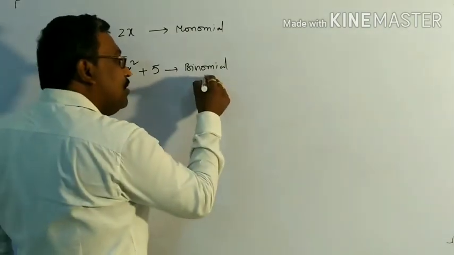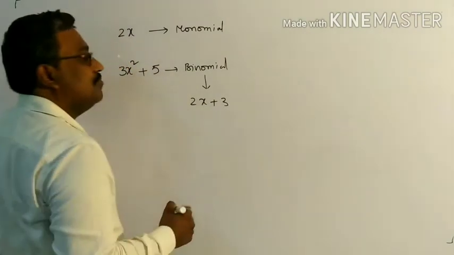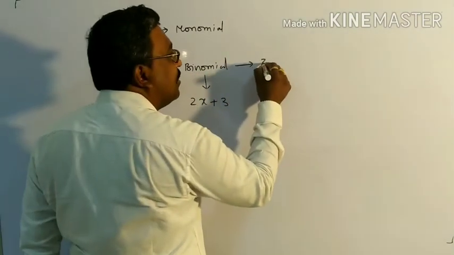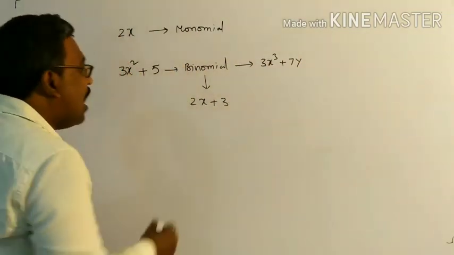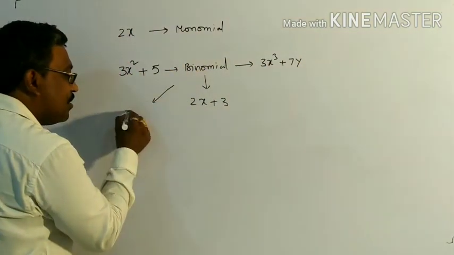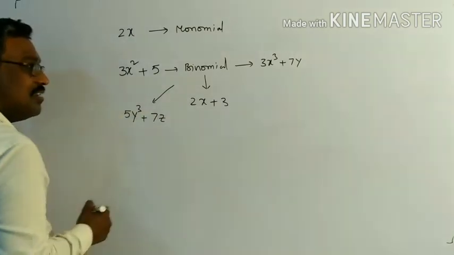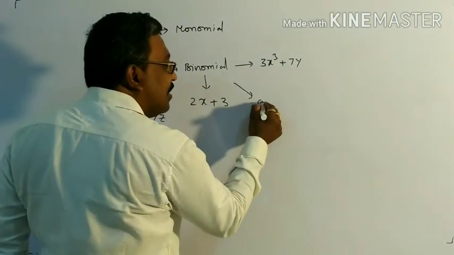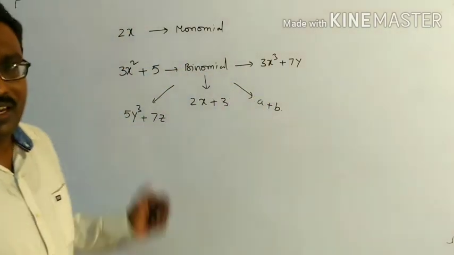The same binomial we can write like 2x plus 3, or we can write 3x cubed plus 7y, or we can write 5y cubed plus 7z, or we can write a plus b. Like many ways we can write.